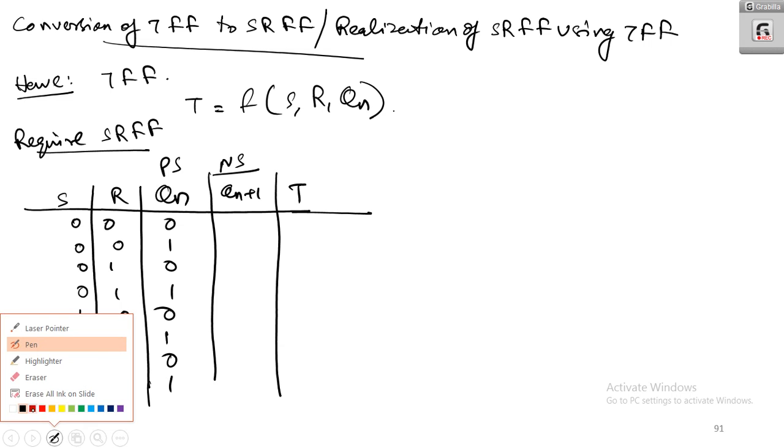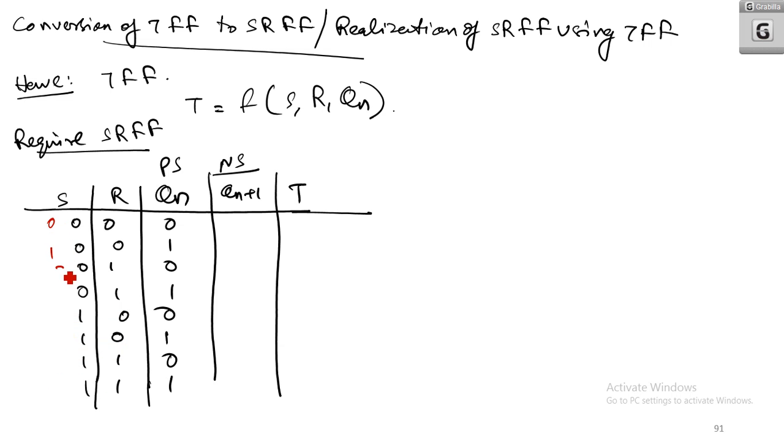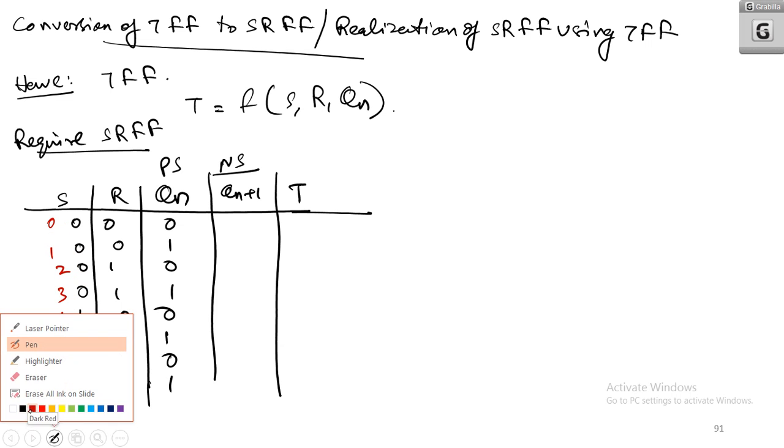The decimal equivalents are 0, 1, 2, 3, 4, 5, 6 and 7. So let me create Qn plus 1.